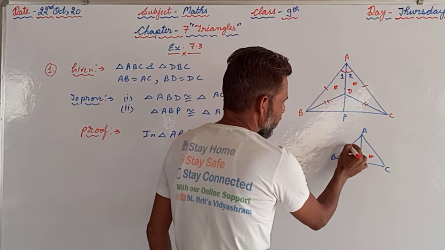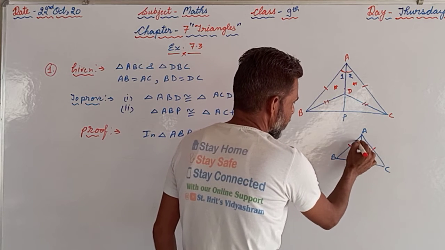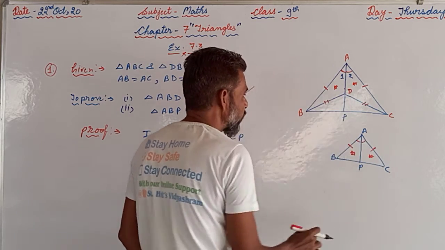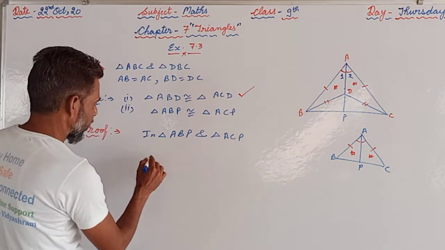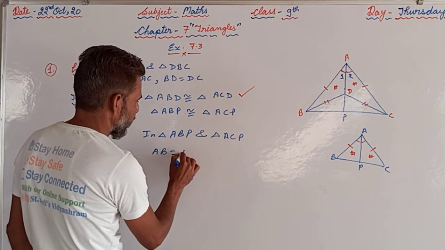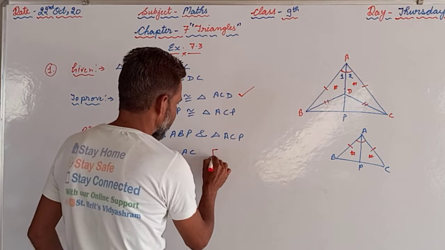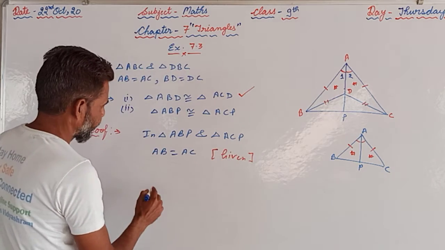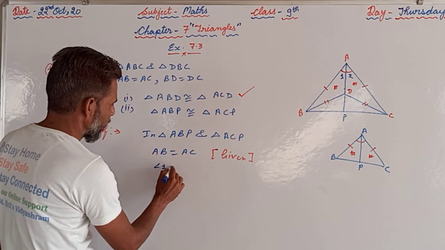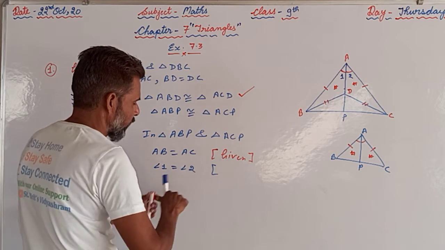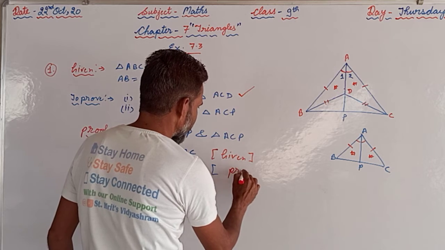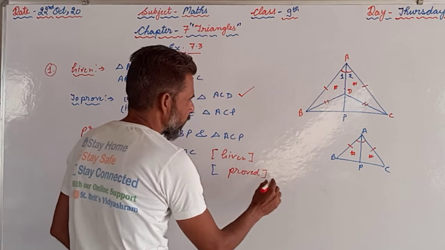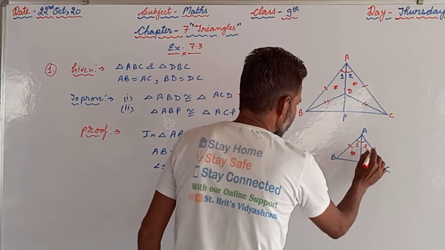In these triangles AB is equal to AC, which is given, and angle 1 is equal to angle 2, proved. We have proved in the first part that angle 1 is equal to angle 2.